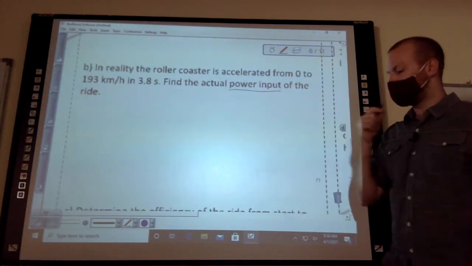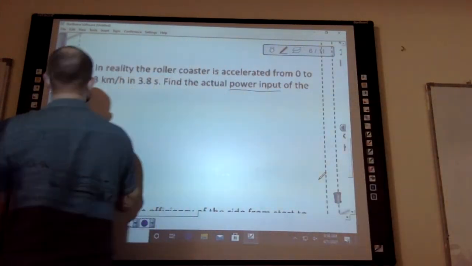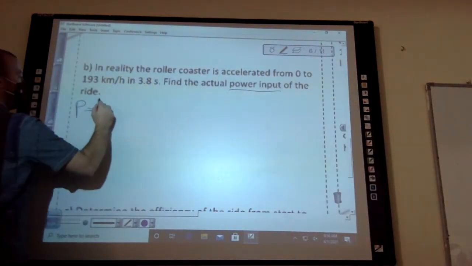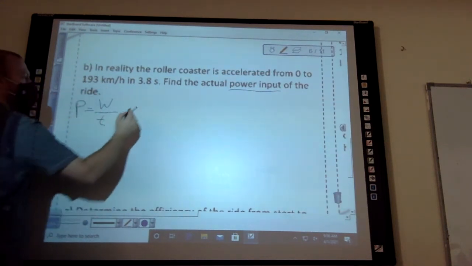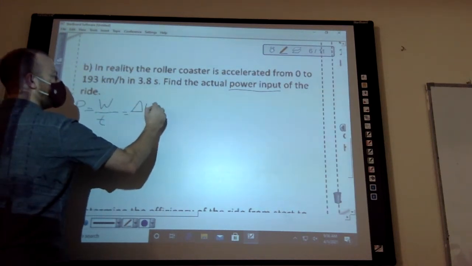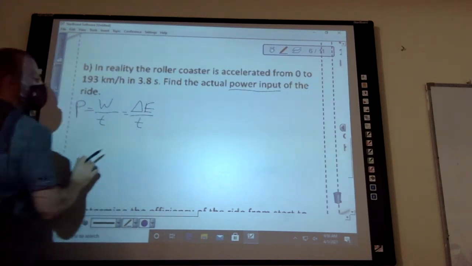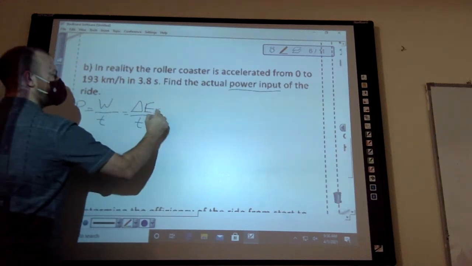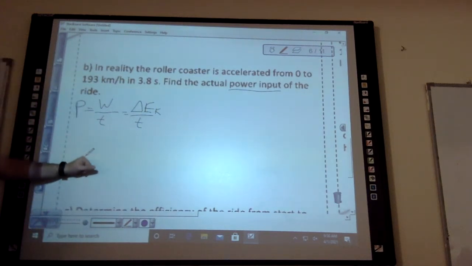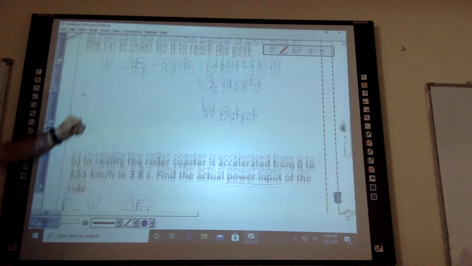So let's look at the power input. Power is work over time. We don't know work, so we're dealing with change in energy over time. And what kind of energy are we dealing with? Kinetic. I have a change in velocity. This is the part where I'm accelerating.